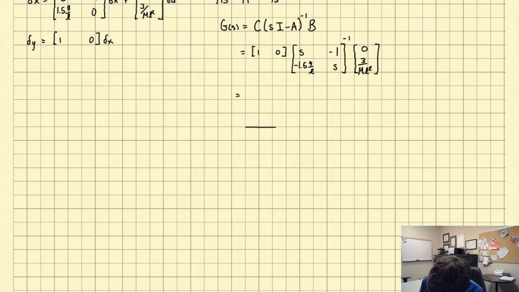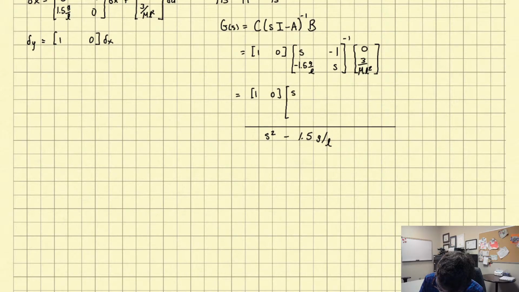So let me write it this way. That'll be my determinant, the denominator, and the numerator will be what's left. So the determinant of that 2 by 2, again, multiply the diagonal elements, subtract the anti-diagonal elements, and we get s squared minus (1.5) g over L. Okay, so there's the denominator. And in the numerator, okay, let's go through the gory details. Adjoint of a 2 by 2 is simple.